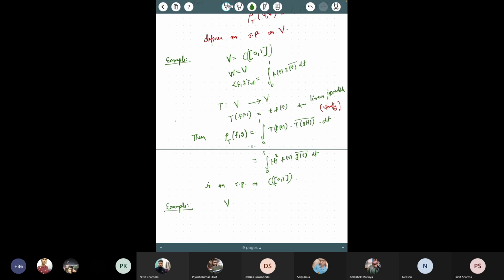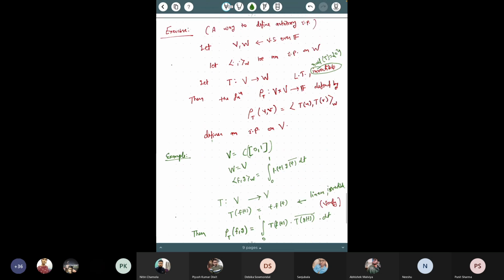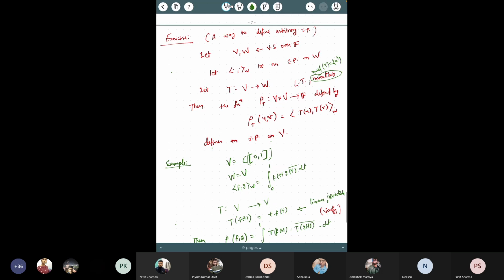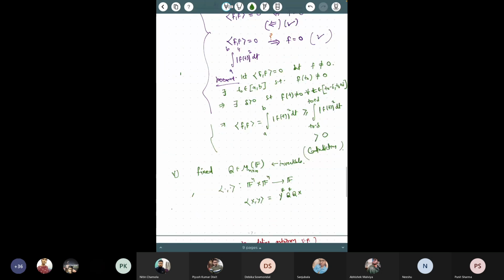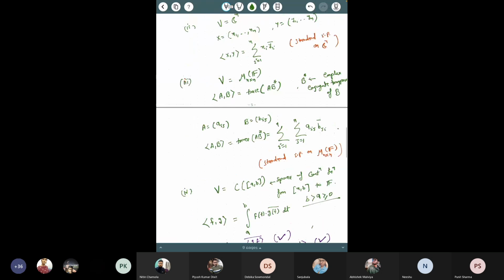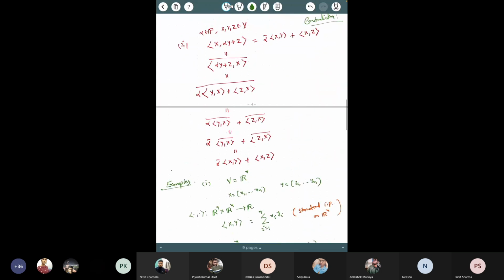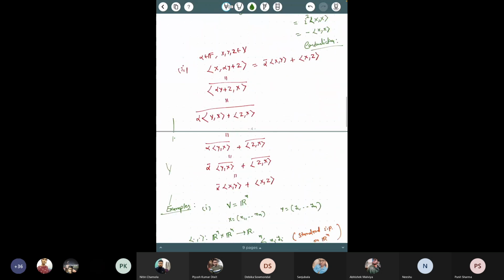Why do we need the invertibility? Let me explain. We need it just for the first condition of the inner product, the positivity. For that, you just need that the null space should be 0.